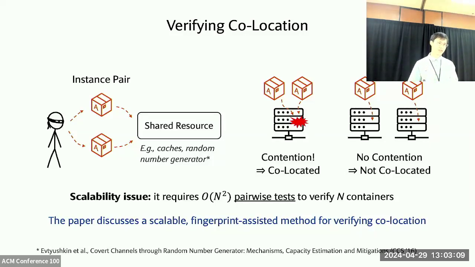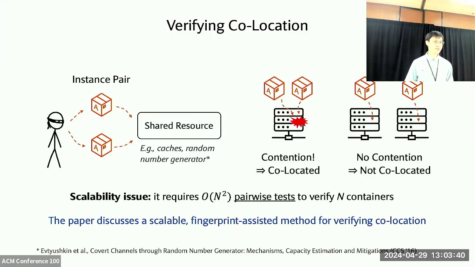For example, if you ask both containers to put high pressure on the shared cache, and you see tons of cache misses, then that's a strong signal of being co-located. The one we actually used is based on the random number generator. You're welcome to check out our paper for more details on that. Okay, thank you.